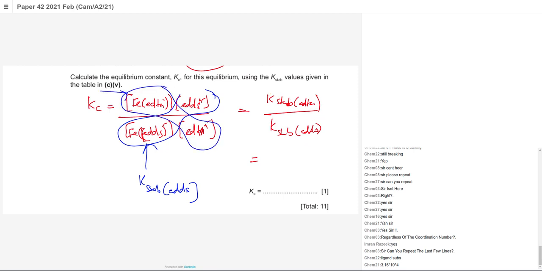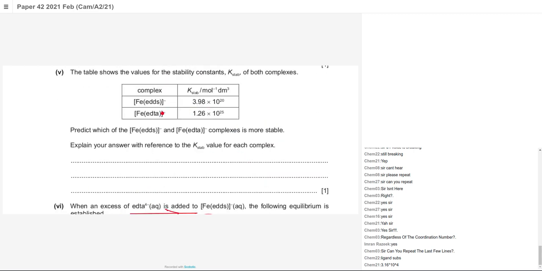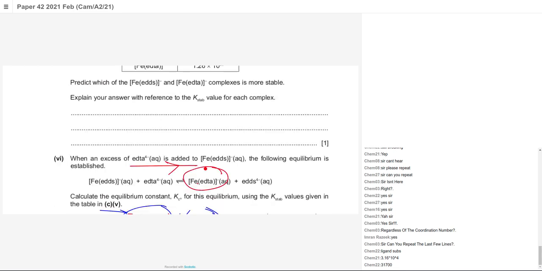So it is Kstab EDTA over Kstab EDDS, which is 1 upon Kstab for EDDS given. So that's another way to do it. There are two ways, but whatever the method is, the answer is the same, 10 to the power 4. That is, you divide the EDTA Kstab by the EDDS Kstab.